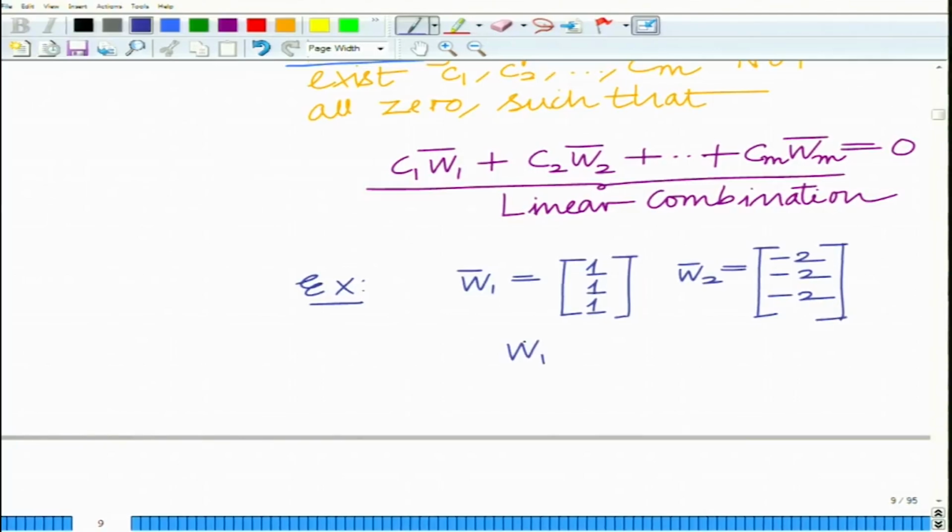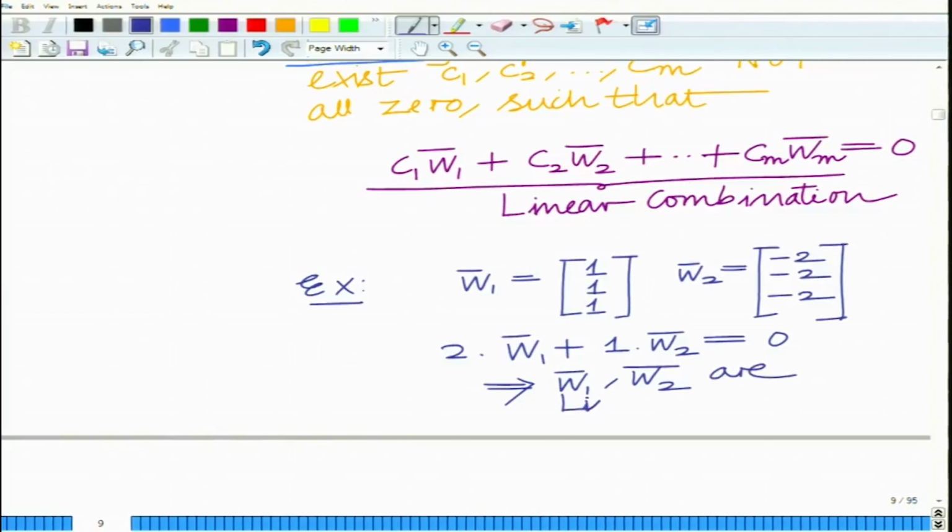Then you can easily see 2 times w bar 1 plus 1 times w bar 2 equals 0, which implies w bar 1 comma w bar 2 are linearly dependent.